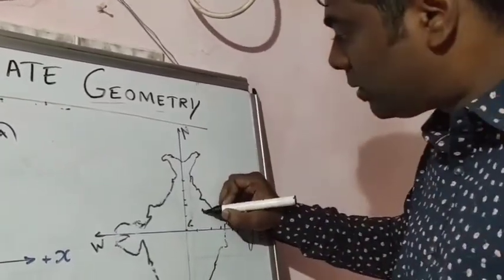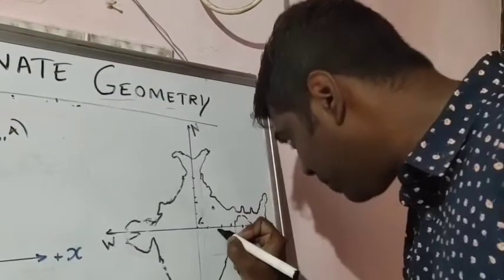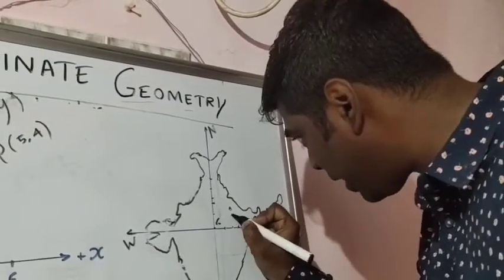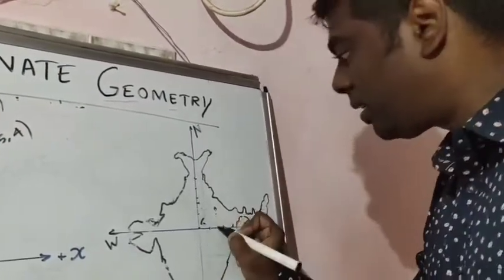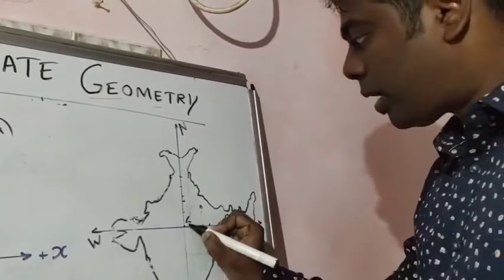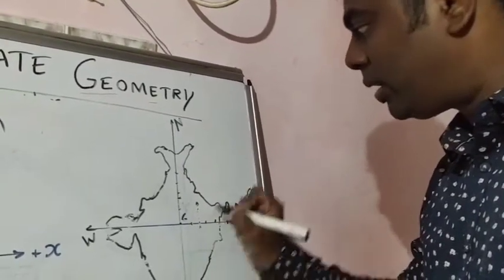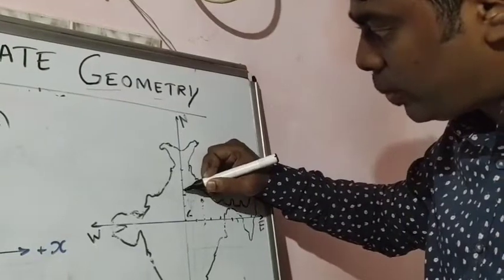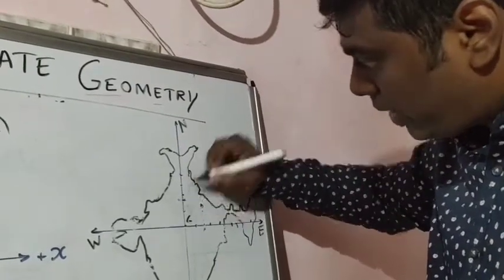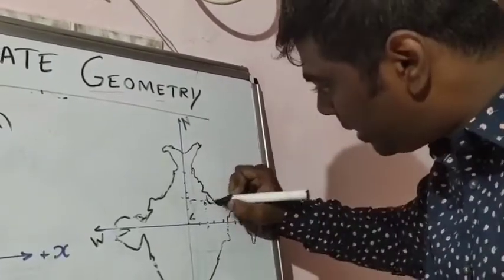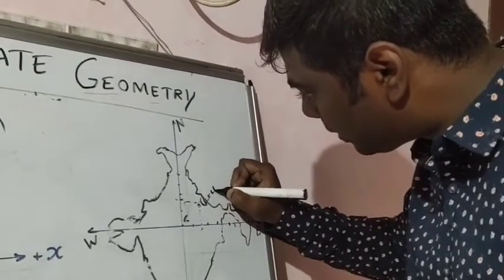What is this location called? It can be located this way: from the center, 400 kilometers in one direction and 600 kilometers in the other, with that point you would be able to find Lucknow.